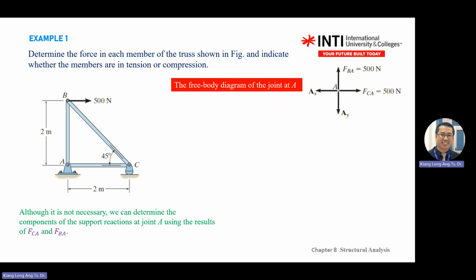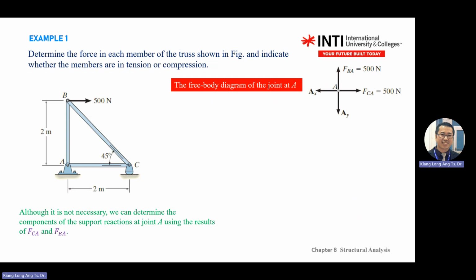So if I point at A, initially you will find FBA points up, FCA points to the right. You can still draw something like this if you want, but you will find AX, AY negative value.